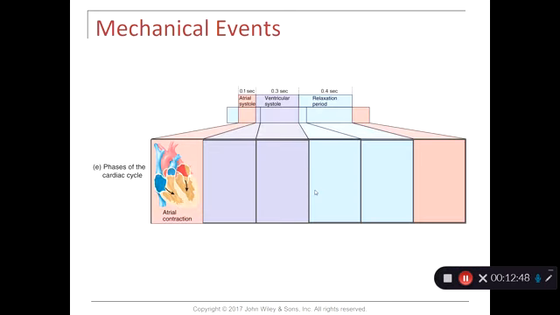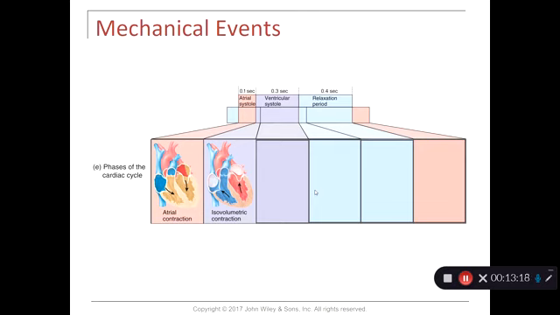The mechanical events. This is actually describing when and why you would see these valves closing. So with the atrial contractions, you'll notice that those valves are open and it's forcing that blood into the ventricle. You'll notice the semilunar valves are still closed as well, though. Something called isovolumetric contraction occurs. Iso just means same.